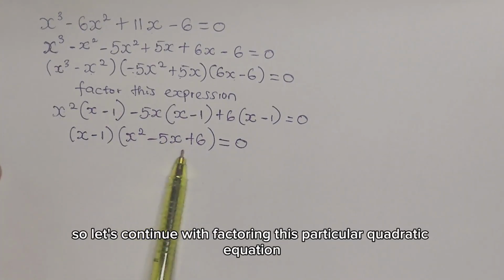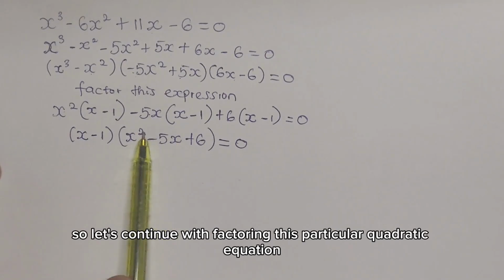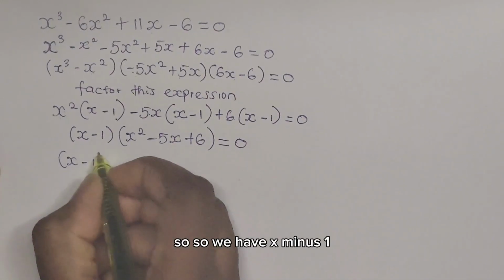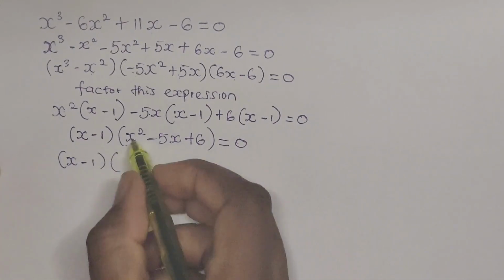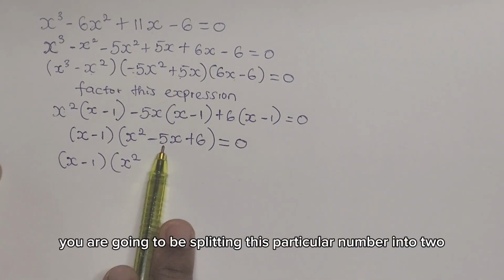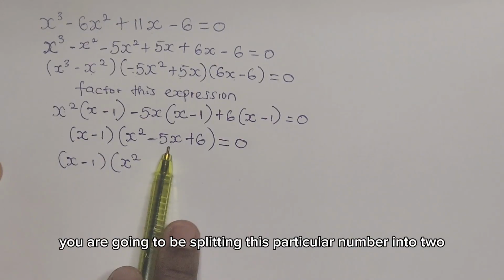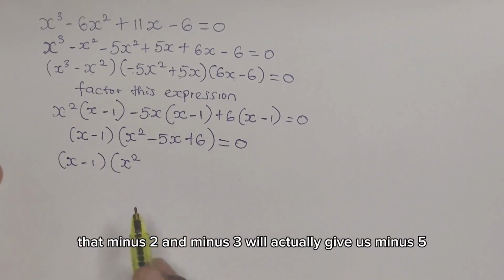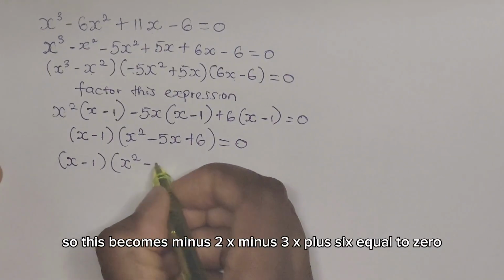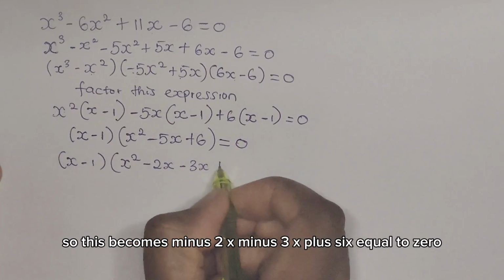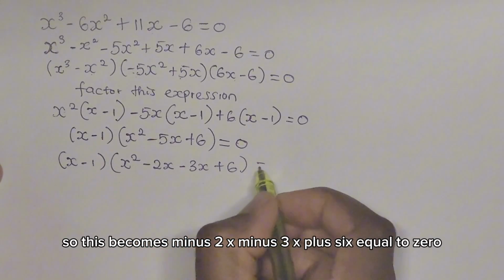So let's continue with factoring this particular quadratic equation. So we have x minus 1. We have x squared. Then this minus 5, we are going to be splitting into 2. And you agree with me that minus 2 and minus 3 will give us minus 5. So this becomes minus 2x minus 3x plus 6 equal to 0.